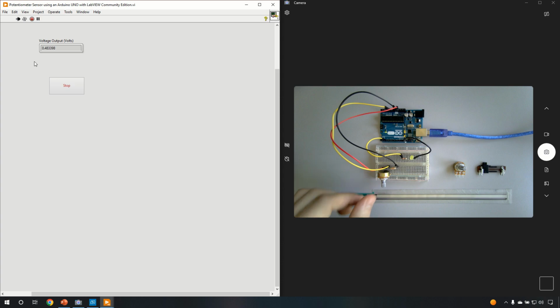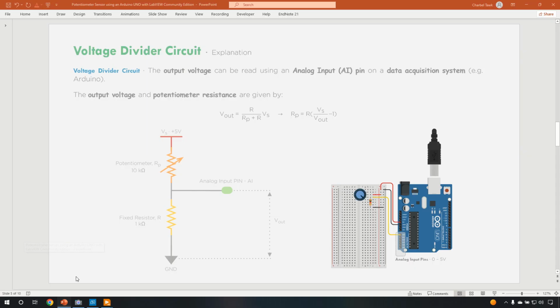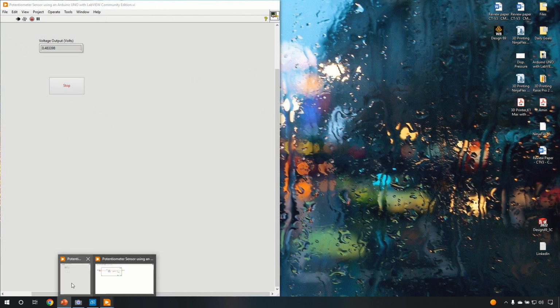We can see that the lower value right here is 0.48, and we need to make sure that these values are really for our circuit. So remember here that we don't have only the potentiometer, we have the 1 kilo ohm resistor in series. So therefore we can deduce these two bounds, the lower bound and upper bound, by plugging in here the values of 1K and the values of the potentiometer. And for Vs, 5 volts, as we will see shortly.